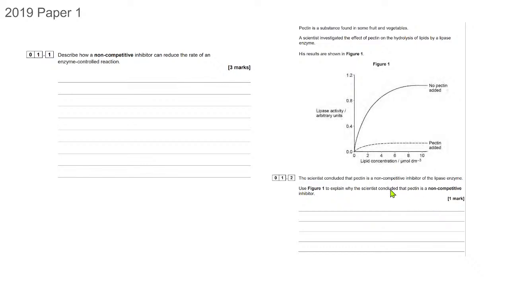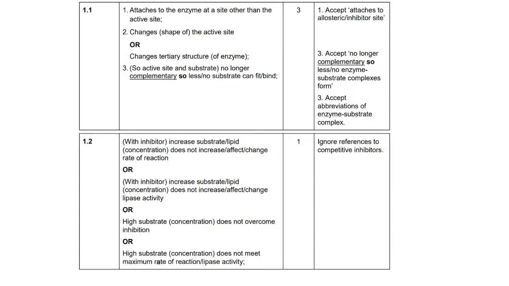So it is a non-competitive inhibitor because it has this near zero, constant flat graph, even as your concentration increases. If it was a competitive inhibitor, we would see a decrease in the rate, but it would still eventually reach the same rate as without it. But because the pectin's been added, it is that flat, constant, low level rate.